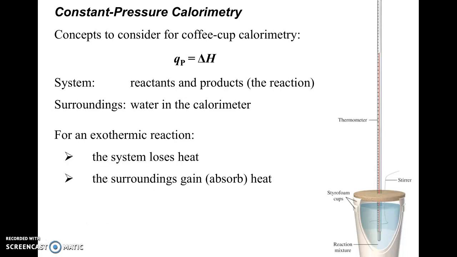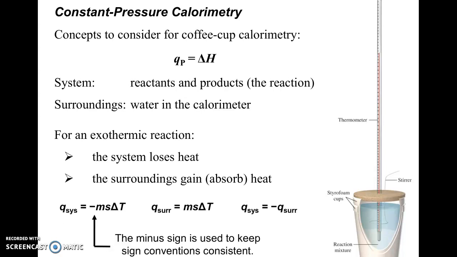So for an exothermic reaction, the chemical system is losing the heat and the water is going to be absorbing the heat. And so here are the equations. The heat for the system, meaning the chemical reaction, is going to be lost, and that's why we have a negative sign, so we have the mass times the specific heat times the change in temperature.